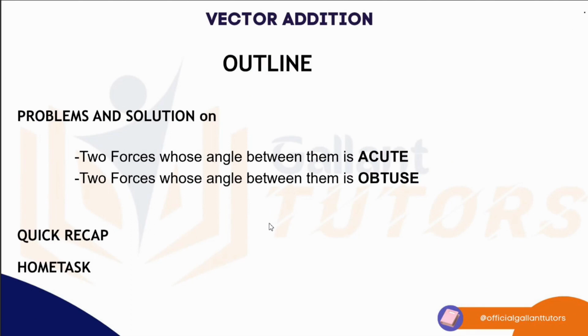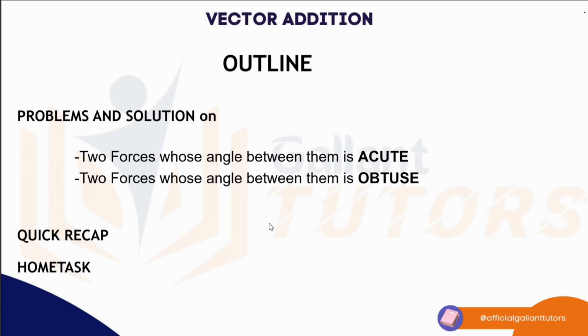The outline for this video: we'll solve problems and I'll give solutions on two case studies. One is two forces whose angle between them is acute, and I'll explain what acute means as we proceed.